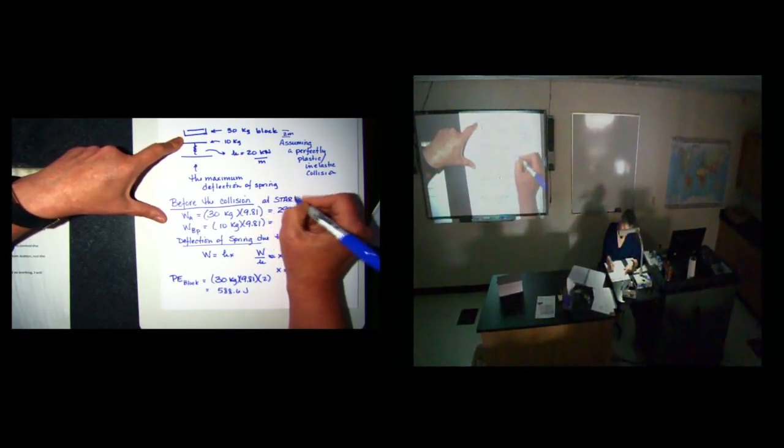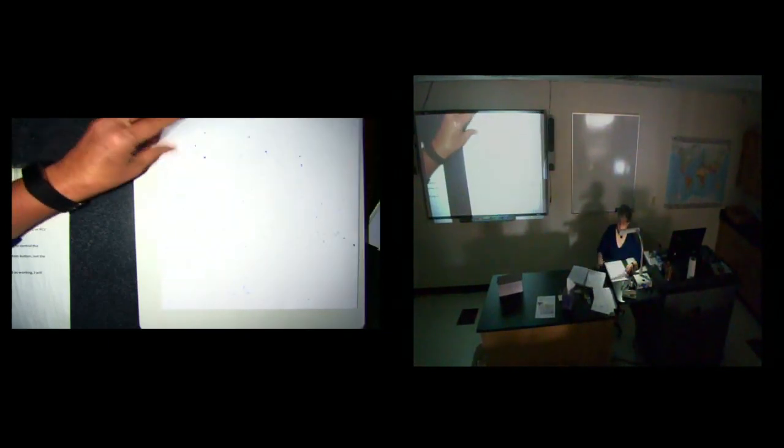Now we want to look at the point of collision. So for this part, we've got the pan, we now have the block on the pan, and I've got my spring. We know that the potential energy of the block is now equal to the kinetic energy of the block.